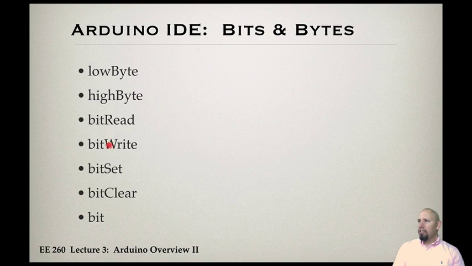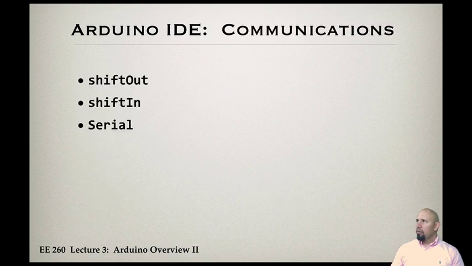You can read bits, write bits, set bits, clear bits. Anyway, there are a number of functions that work just with bits and bytes, which is a little bit different than what you get with C. C doesn't deal with things that specifically because, again, if you're working with a single digital input and a single digital output, you're working with just bits, okay? And so the Arduino is very bit-oriented or byte-oriented if you want to write a whole byte of information.